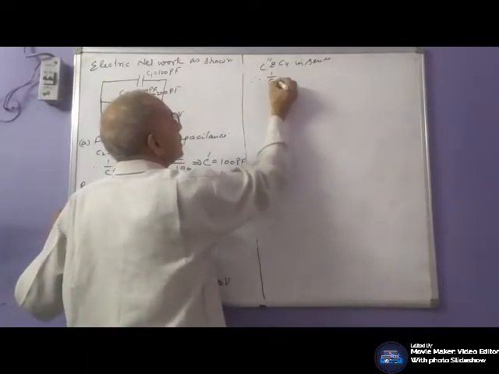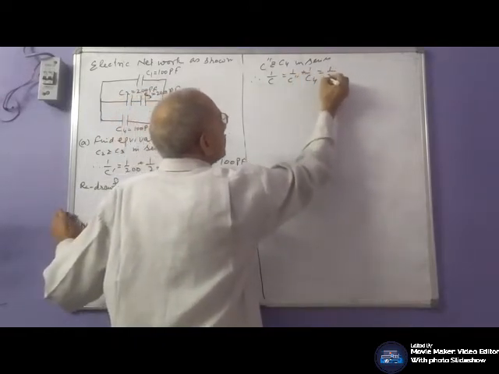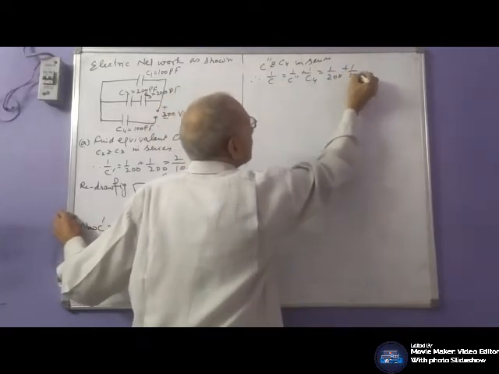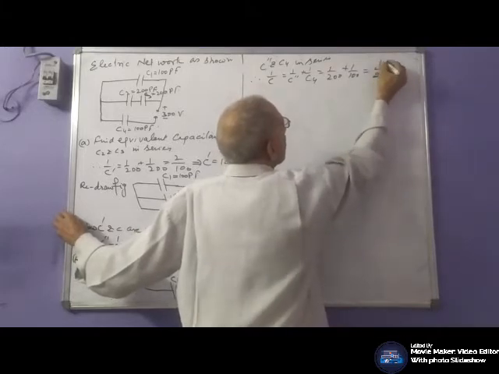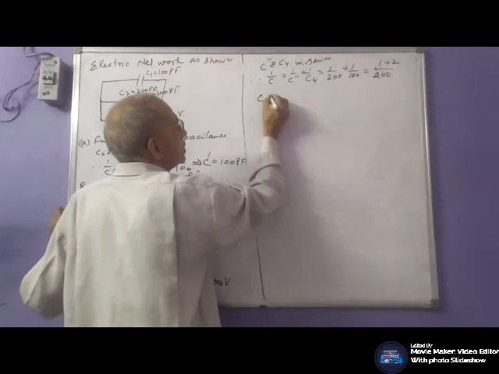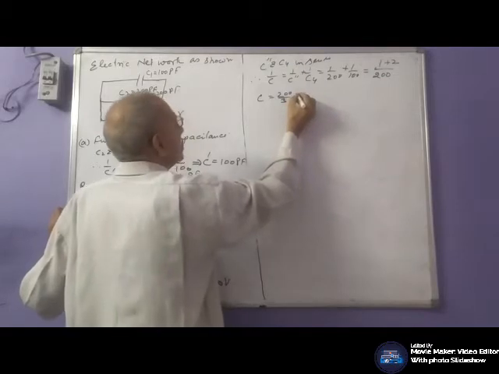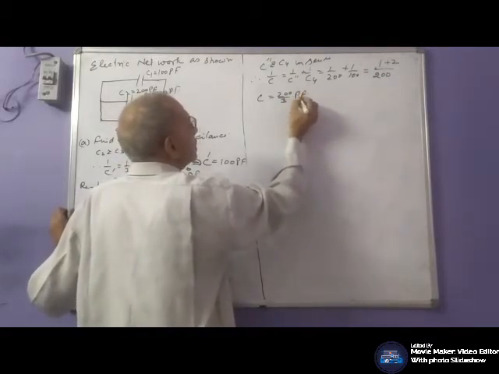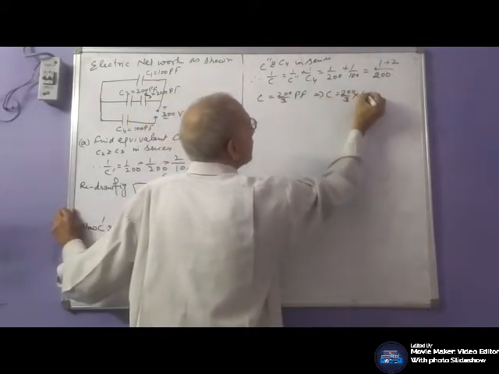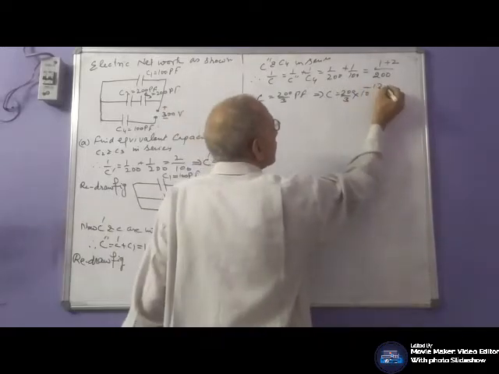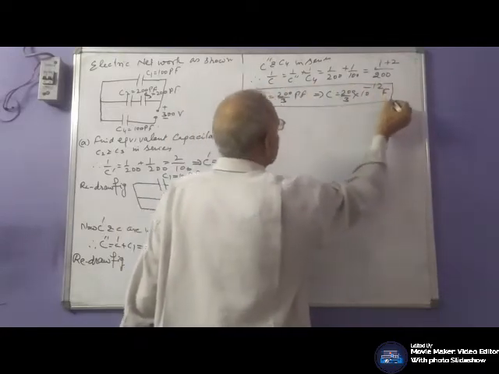Therefore 1 by C equals 1 by 200 plus 1 by 100, it is 1 plus 2 over 200, or C is 200 by 3 picofarad, or 200 by 3 times 10 to the minus 12 farad. One answer is there.